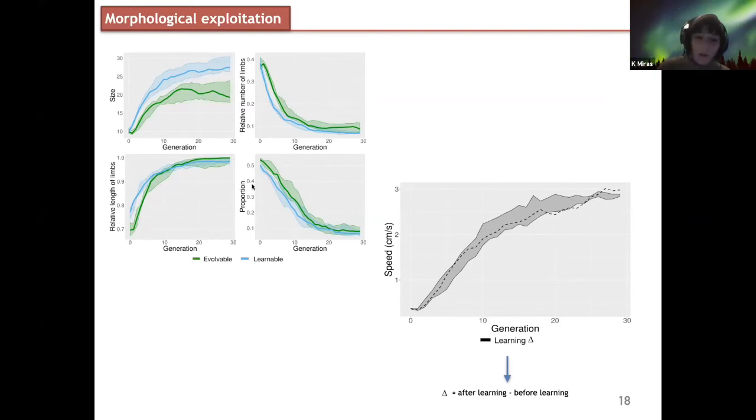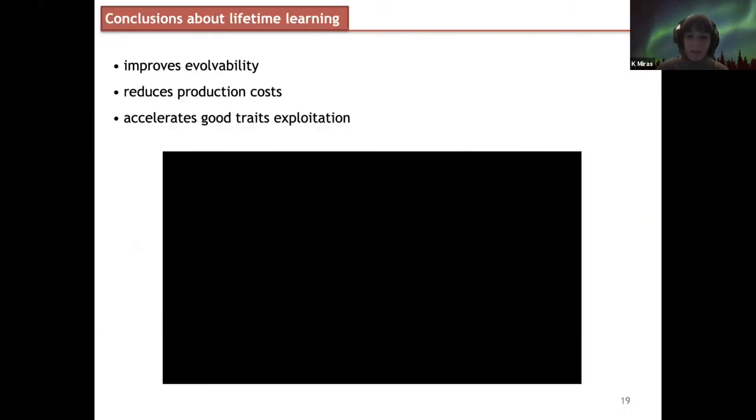And if you look at the other curves, it's also around generation 15 that they start saturating and flattening, because they have exploited as much as they could to have few limbs, long limbs, disproportional, and grow as big as possible. So you see that the search became really greedy for these traits. It was totally the other way around than what we thought it would be.